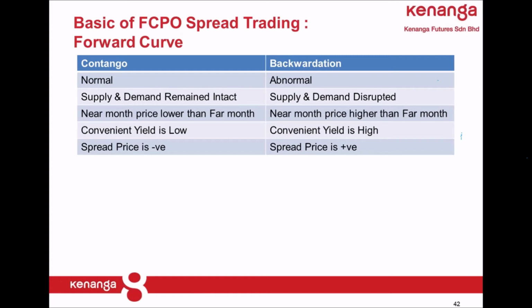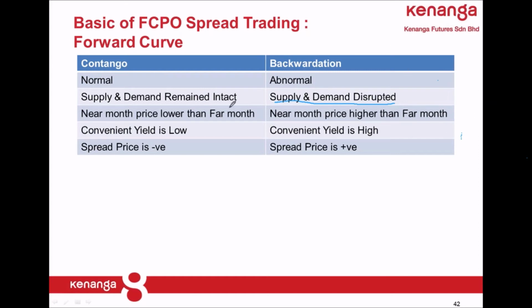The abnormal forward curve is what we call the backwardation curve. In backwardation, the near month price is higher than the farther month expiry contract. Why is this happening? Normally it is due to disruption in terms of supply and demand. That is the main reason for the backwardation curve to appear.